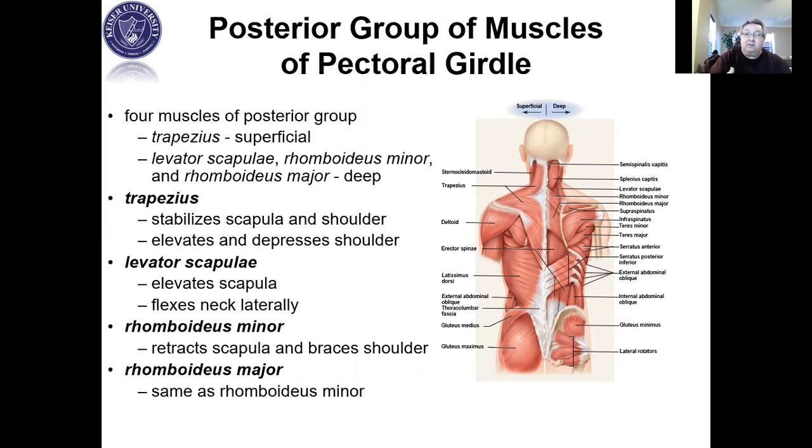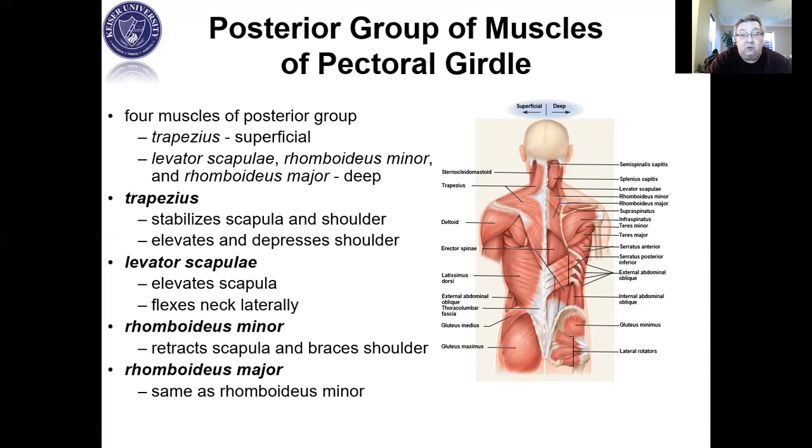And the rhomboids, remember, the rhomboids come from the vertebra and attach to the medial border of the scapula from the spine of the scapula down to the inferior angle of the scapula. And remember, the rhomboids retract the scapula.